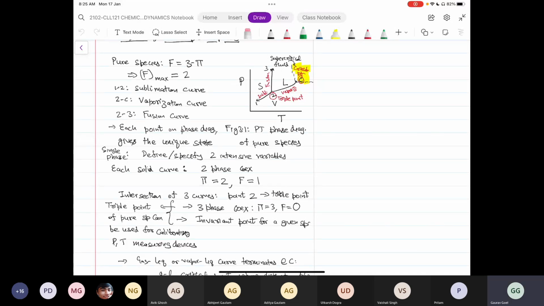That is a requirement of equilibrium. That is the easy part.